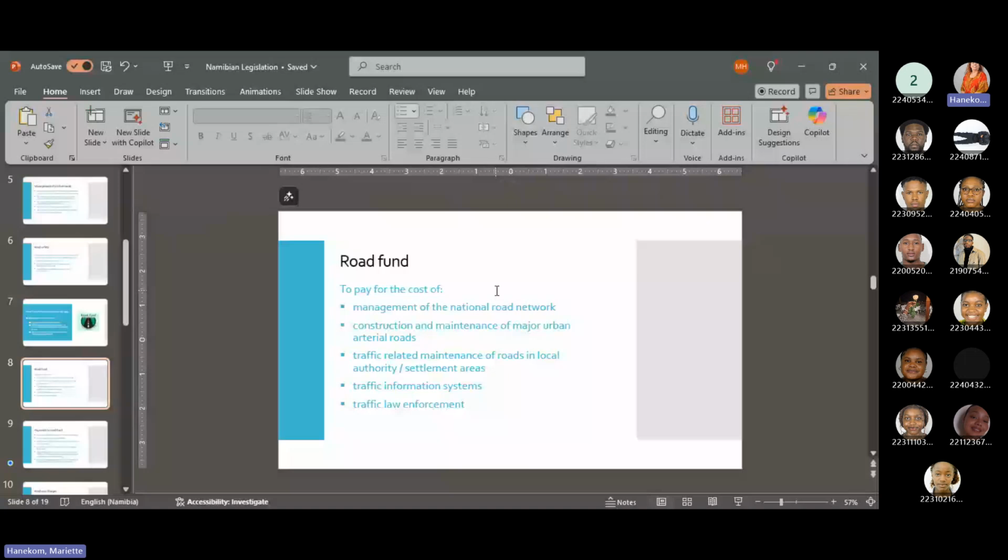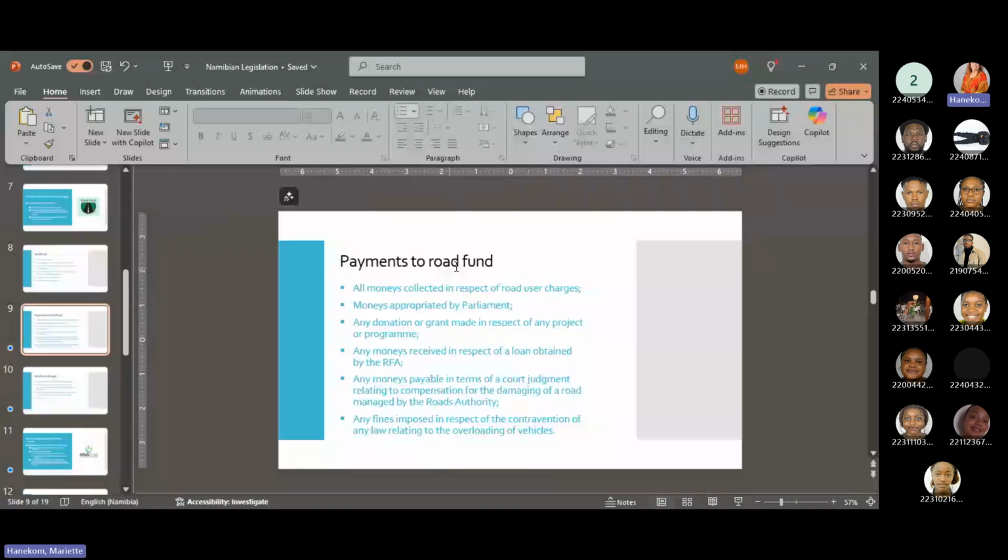So the money that the road fund collects is then used for these aspects indicated on the slide: management, construction, maintenance, traffic information system, and traffic law enforcement.